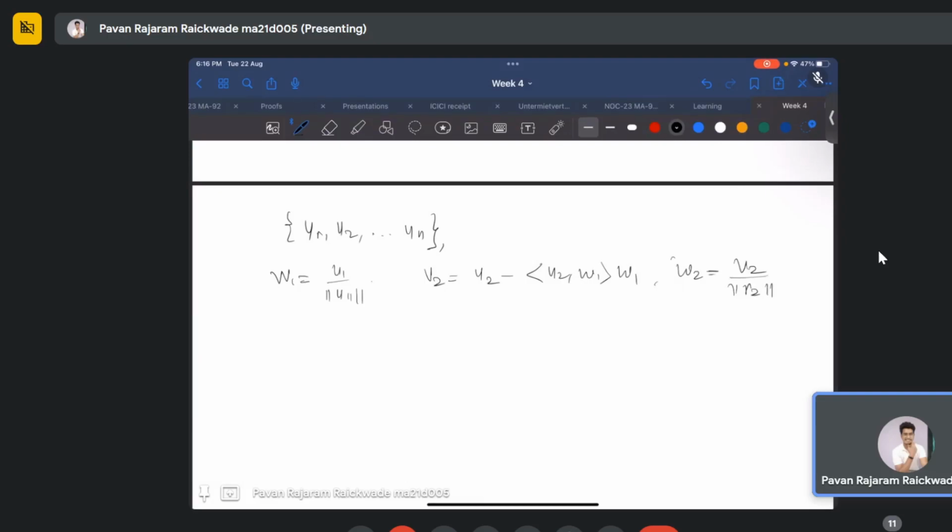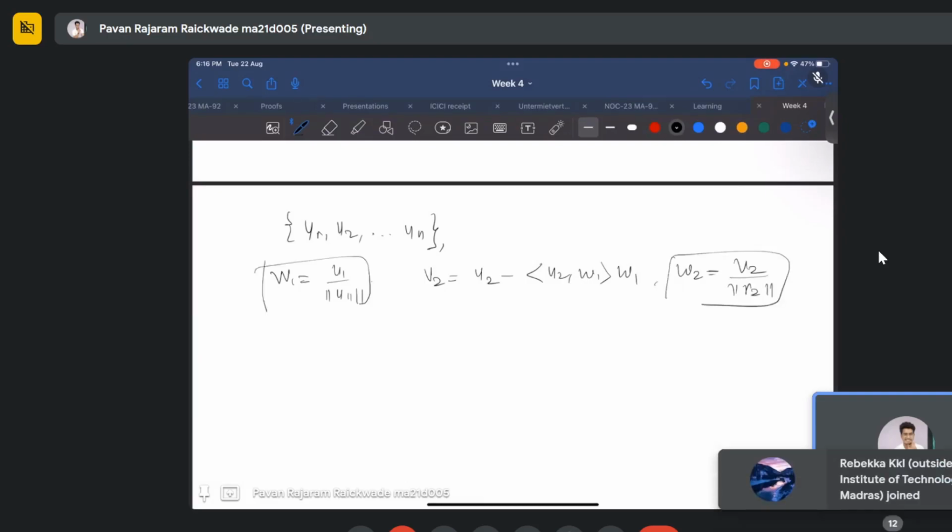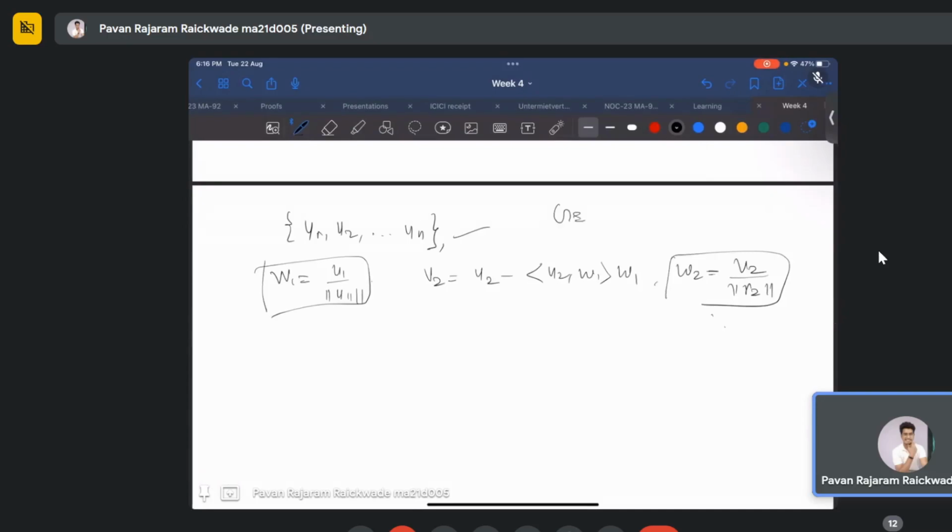This is your second vector, w2. Similarly, you go on ahead and you get an orthonormal basis with the same span. This is the standard Gram-Schmidt procedure.